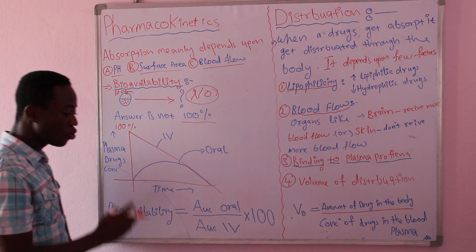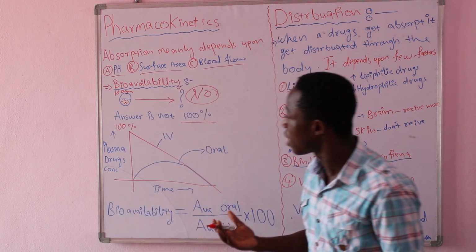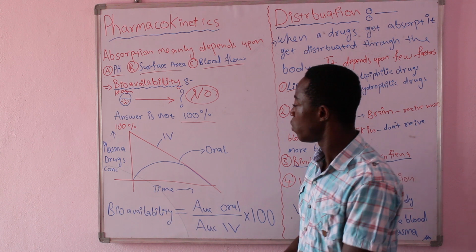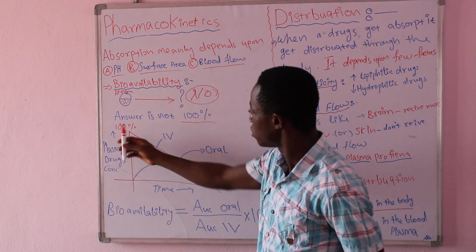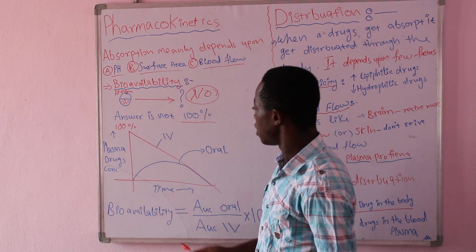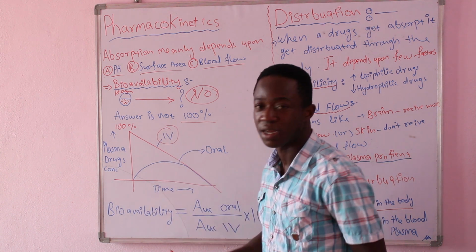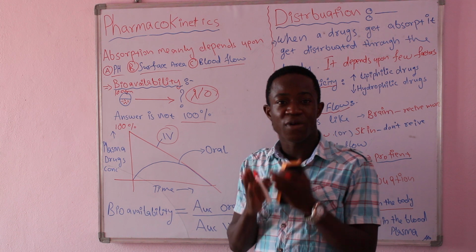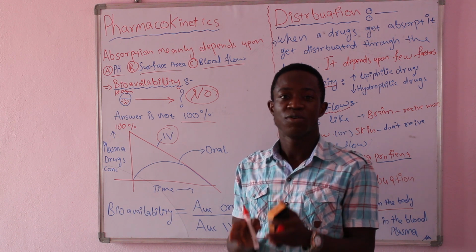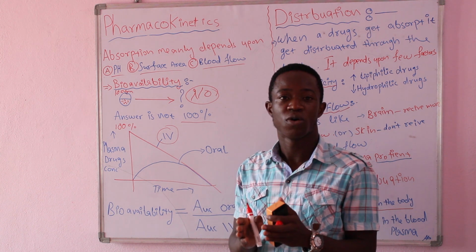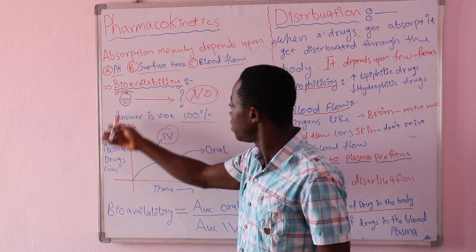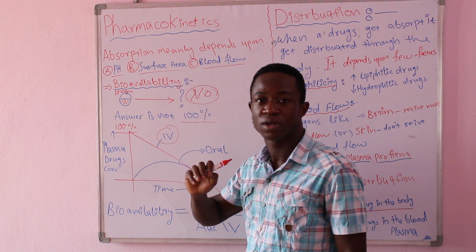Now, to understand this, let us look at the drug's bioavailability curve. If a drug is administered to a patient through IV, that's intravenous, here the drug is directly interacting with the blood flow or the systemic circulation. So the bioavailability is going to be 100.